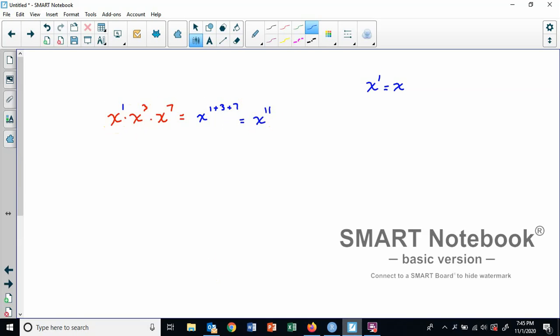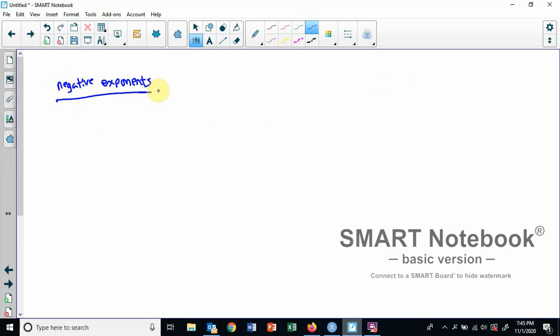So we've dealt with combining like bases. There's another one we need to deal with now. And what this one is, we would really like to not have any negative exponents. So how do we handle negative exponents? Alright, now let's talk about this one for a second.